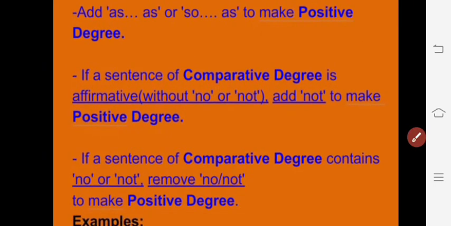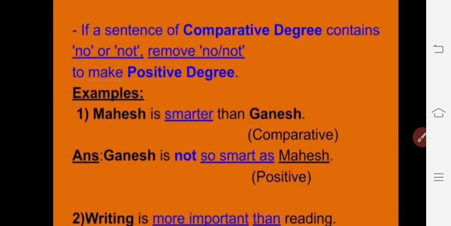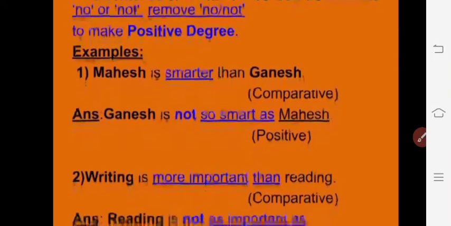Now we go for the next. The second point is that if a sentence of comparative degree contains no or not, then remove no or not and convert into positive form, means affirmative formation. Now we make it clear with some examples.